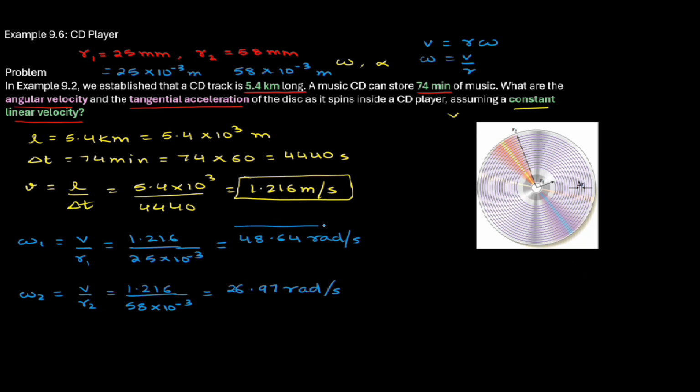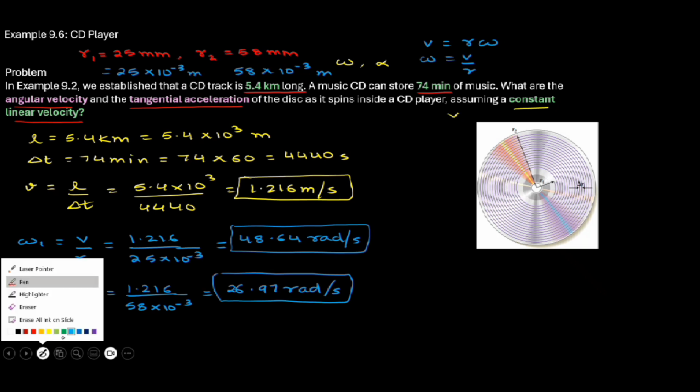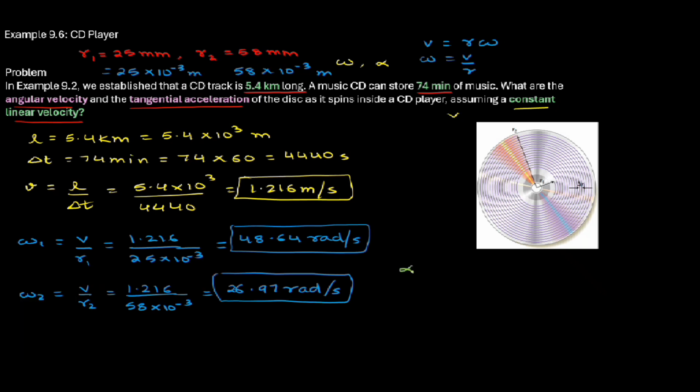So after we find the angular speed, we can find the angular acceleration alpha. We know that alpha is equal to change in angular velocity over the change in time. Change in angular velocity will be nothing but the final velocity, which is omega 2 here, minus the initial velocity omega 1, over the change in time.